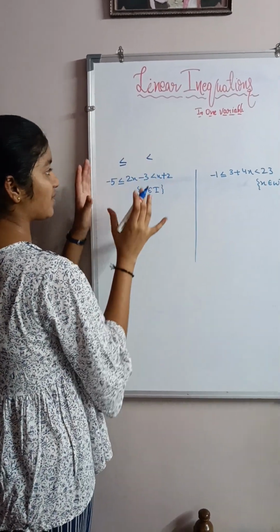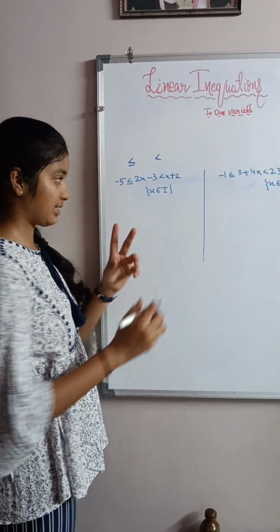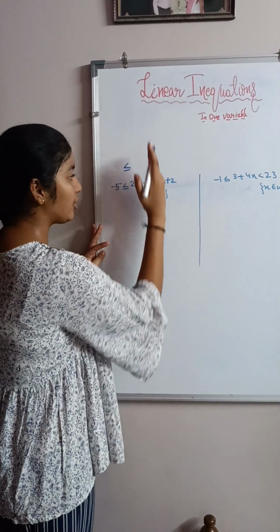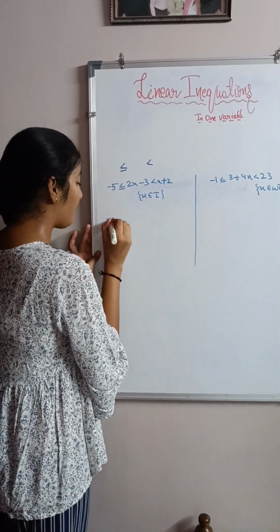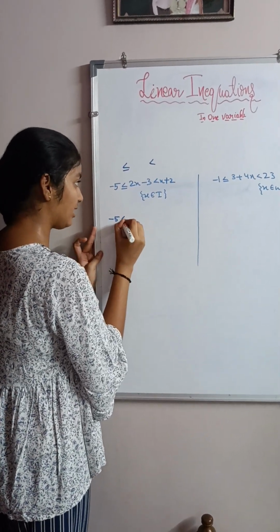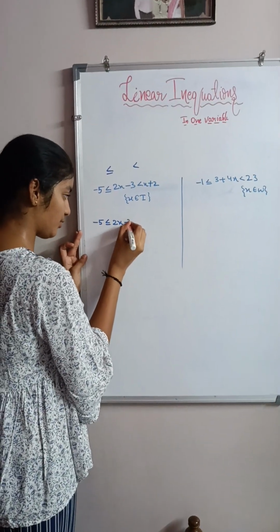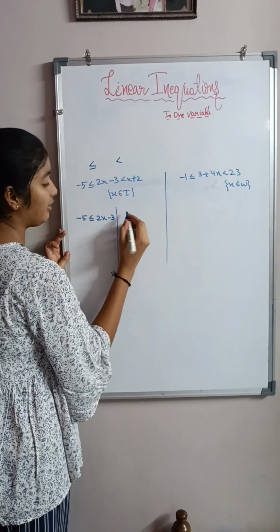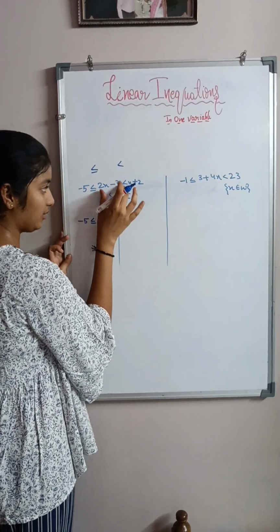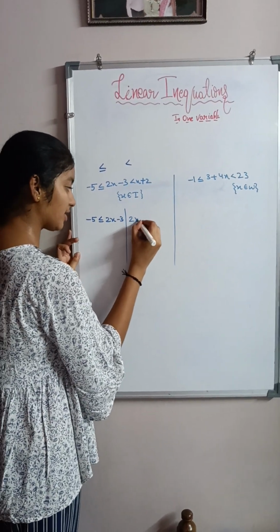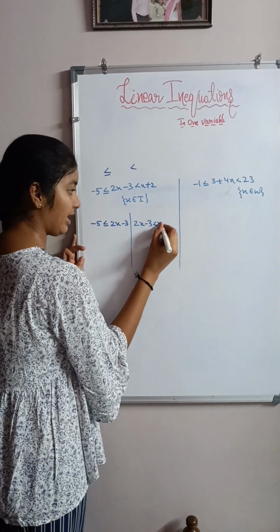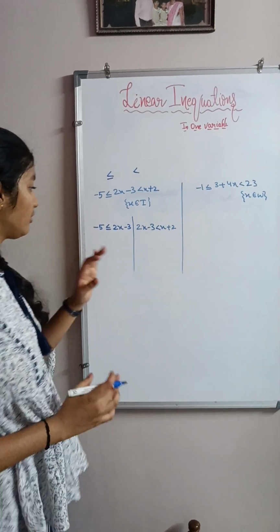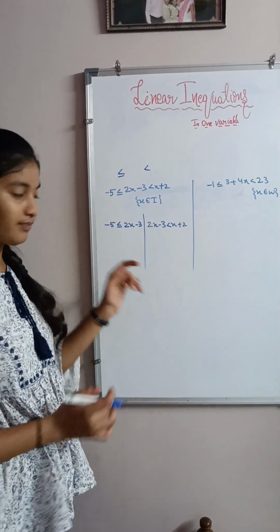So in this case, when we have two signs, what we need to do is separate this. How? Minus 5 is less than or equal to 2x minus 3, and we need to draw a horizontal line, and then we should again write the middle term, like 2x minus 3 is less than x plus 2. So we need to solve this.